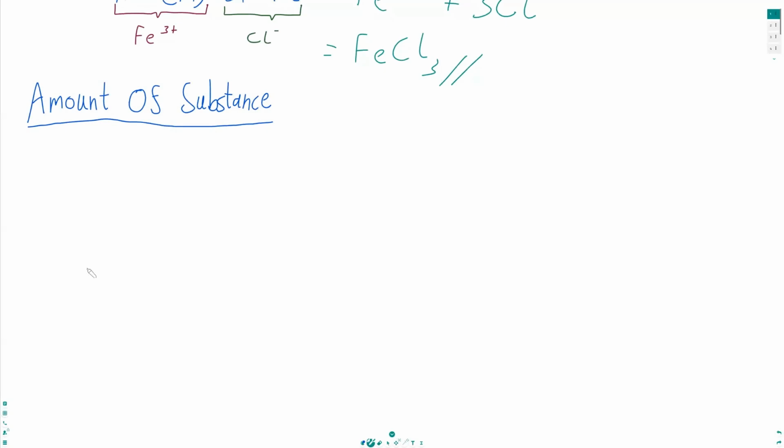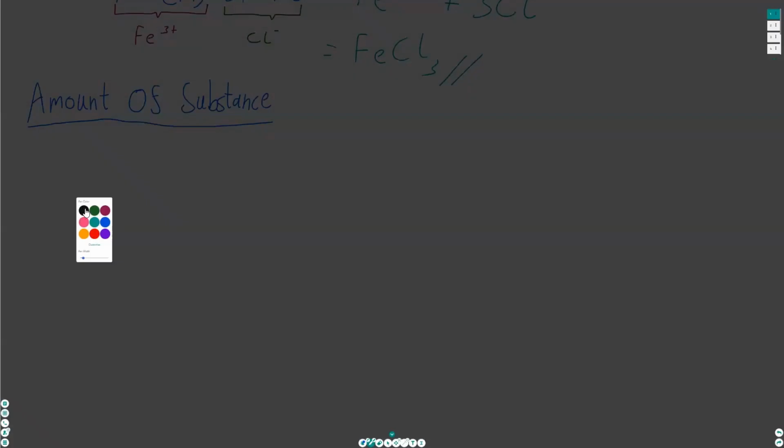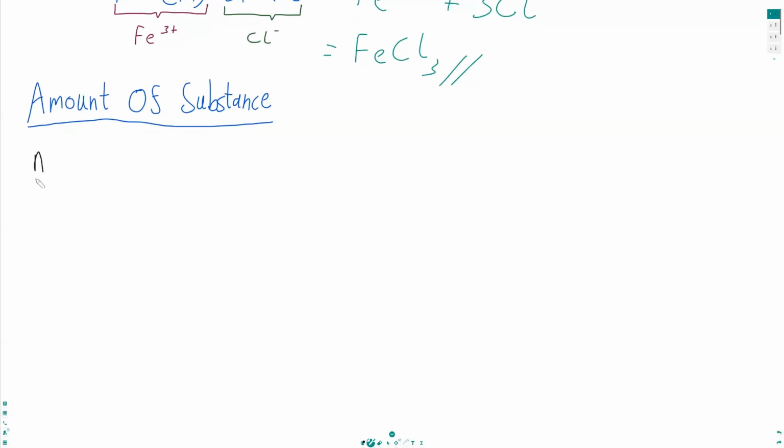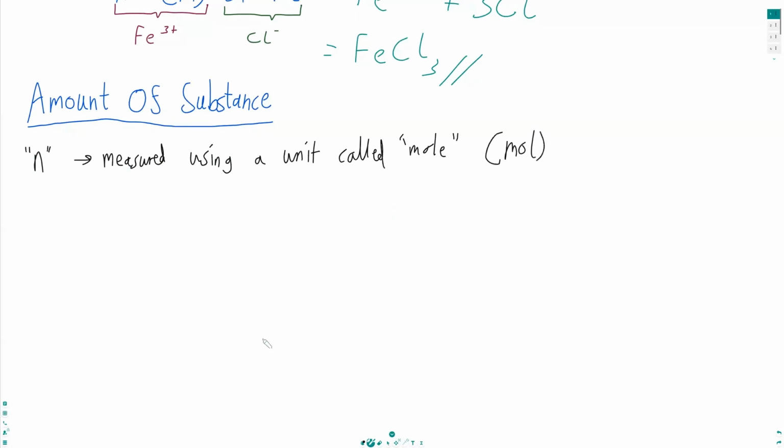So amount of substance is given the symbol n and is measured using a unit called mole, and it's abbreviated to mol, like that, M-O-L without the E.